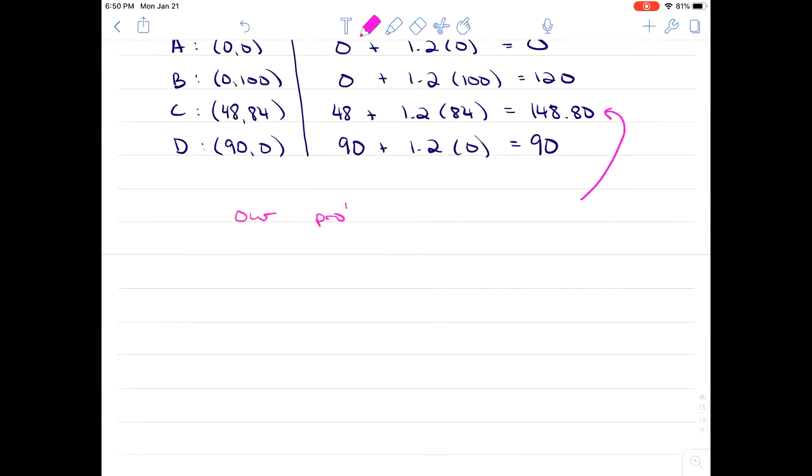So our profit is maximized to 148.80 when x is 48 and y is 84. It's a lot of 4s and 8s in there. I don't know, I didn't make it up.